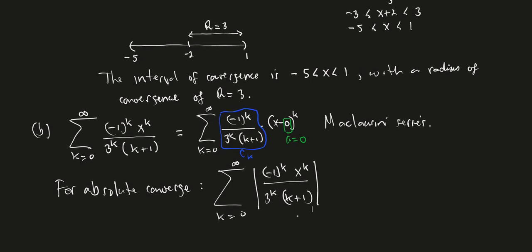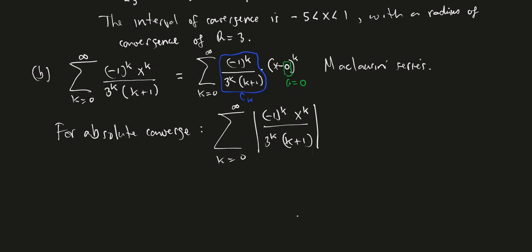Okay, well, because of properties of exponents and absolute values, however, we can split our absolute values up like this. We can take the absolute value of the negative 1 to the k. We can then multiply that by the absolute value of x to the k. We can then divide that by the absolute value of 3 to the k. And then finally, the absolute value of k plus 1.